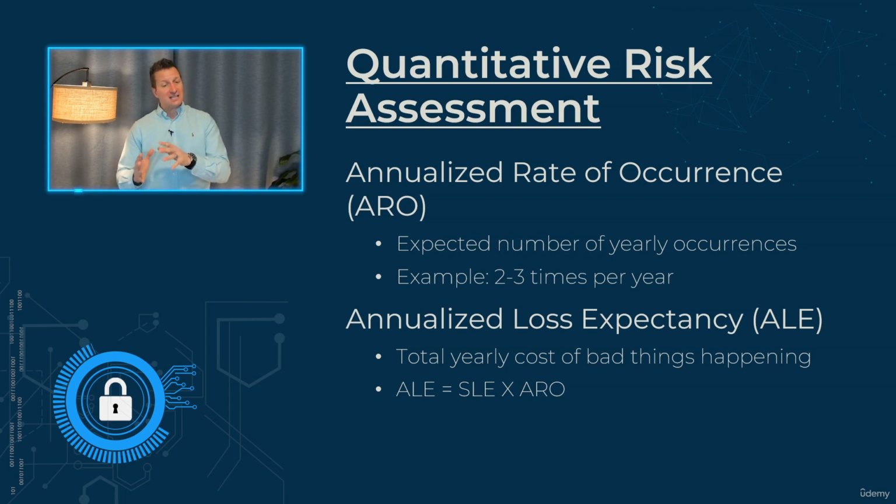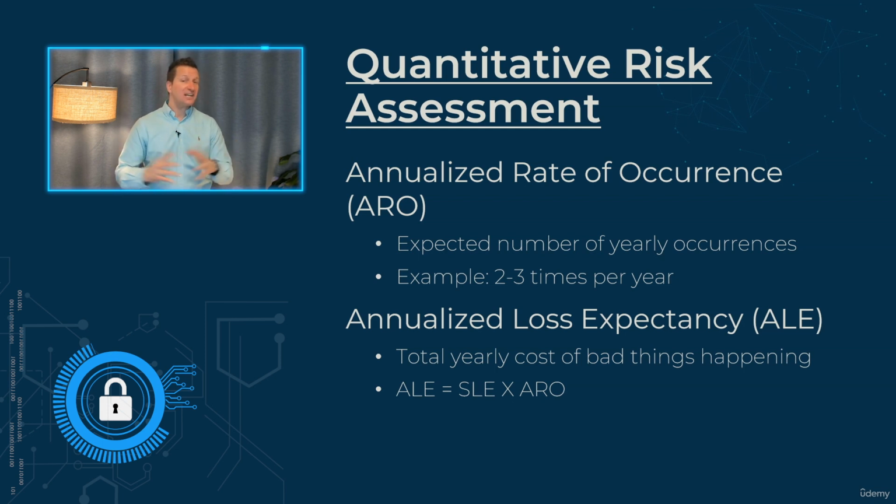So when we calculate the annualized loss expectancy, we've already calculated the single loss expectancy, right? That's one negative occurrence. Well, all we have to do is determine what does that cost over a year if we have multiple occurrences. So the annualized loss expectancy is the yearly cost of bad things happening, and we determine it by multiplying the single loss expectancy, which we've discussed, by the annual rate of occurrences.